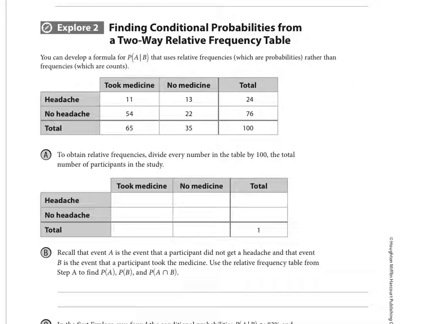But I do want you to know that if you were to go in and fill in all these values, so we're taking all of these values in our two-way frequency table here and making them into probabilities by basically dividing them all by the total.